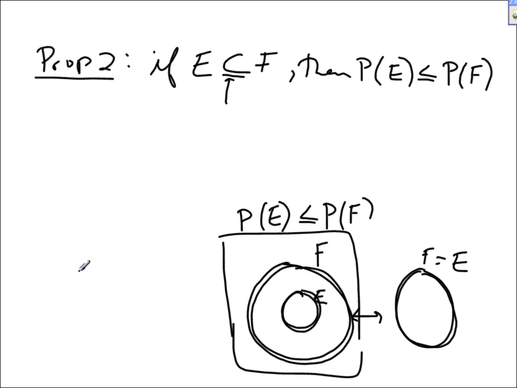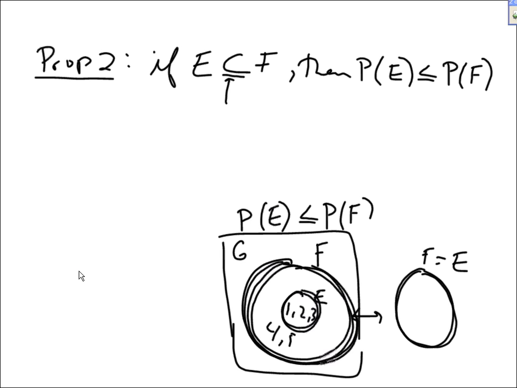Or maybe they're equal. E could have been you throw a die and you get a 1, 2, or 3. F, which includes E, could have been you get a 1, 2, 3, 4, or 5. And of course, 6 would be outside.